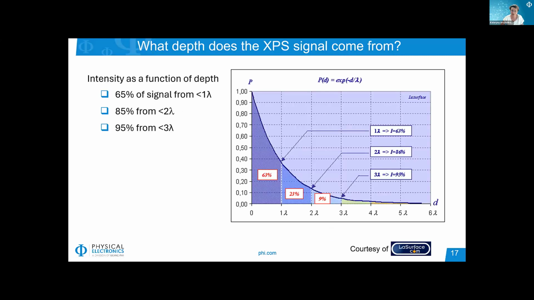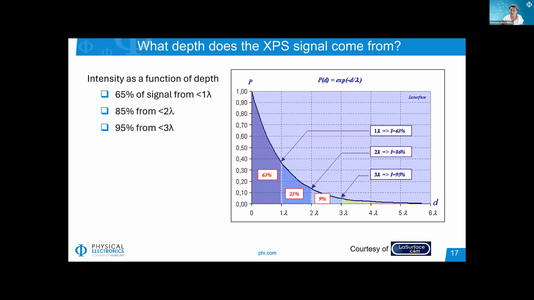Something else to remember about information depth: let's say we have an inelastic mean free path that we found in the database, calculated as 3 nanometers. It tells us that our information depth is 3 times that, which is about 10 nanometers.